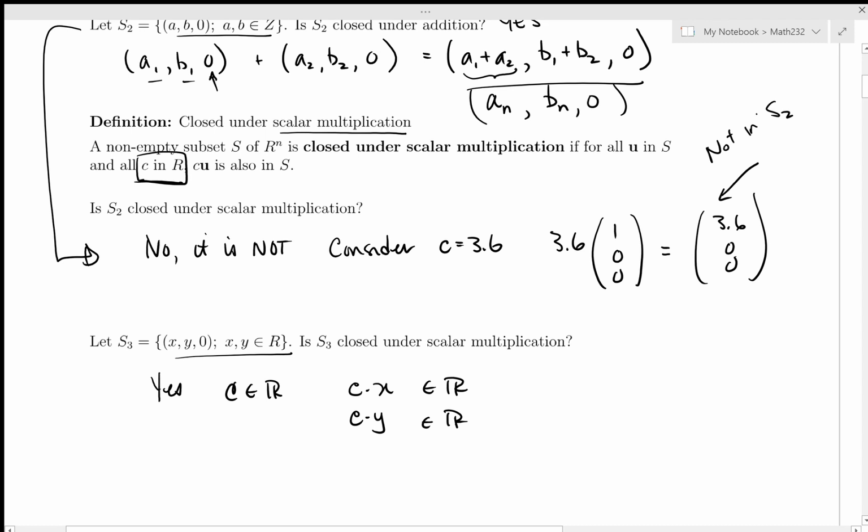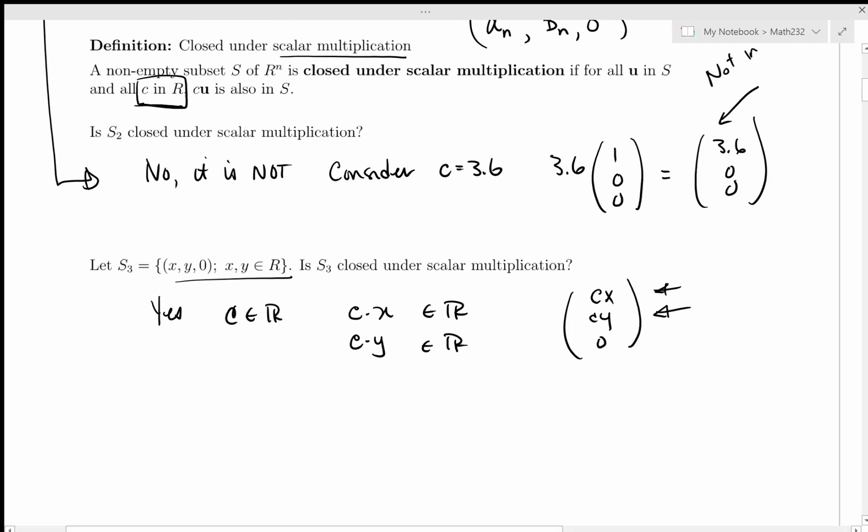So I form a vector whose components are in R, and that one is in S3 because S3 is all of the vectors that look like real number, real number, 0. So this one is closed under scalar multiplication.